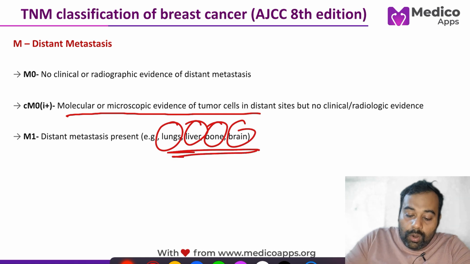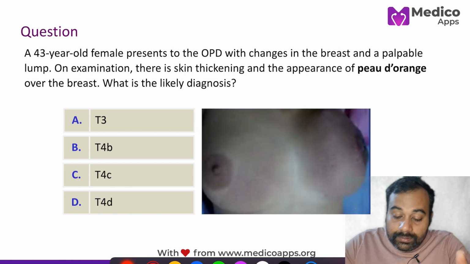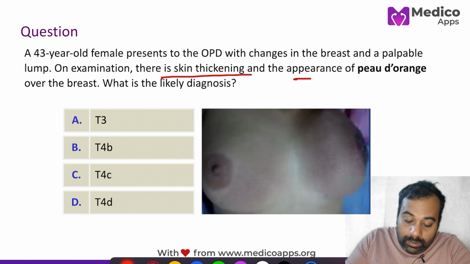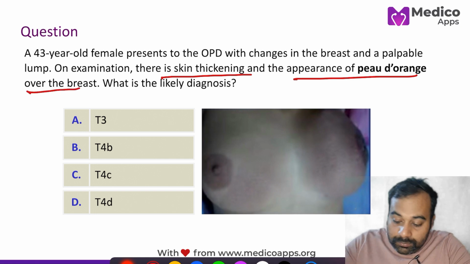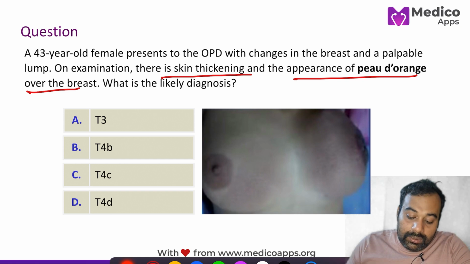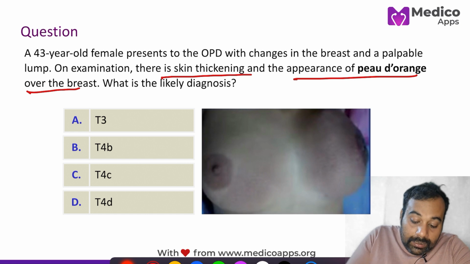These are the common areas where metastasis normally happens. Now, in this question, there is skin thickening, which they have already mentioned, and there is the appearance of peau d'orange over the breast. So it's a pretty straightforward question. You have to answer this. So here the answer would be T4B.